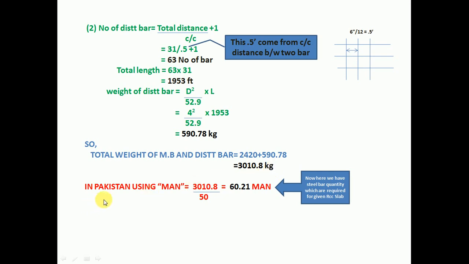In Pakistan we use man, so we calculate that in man. The total weight of main bars and distributed bar divided by 50 is equal to 60.21 man.